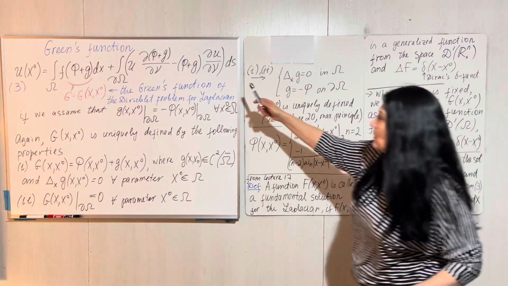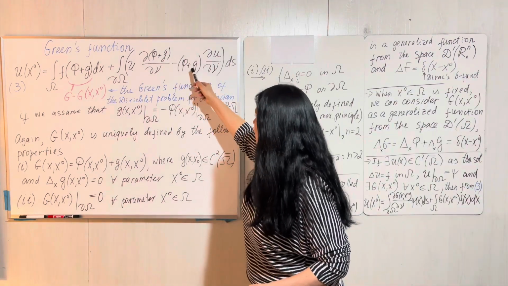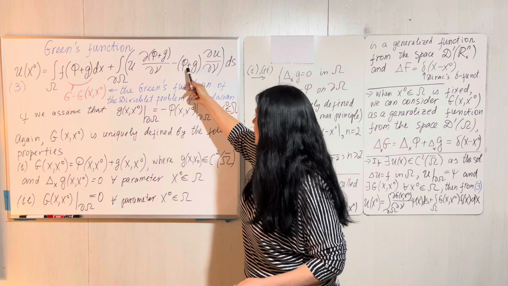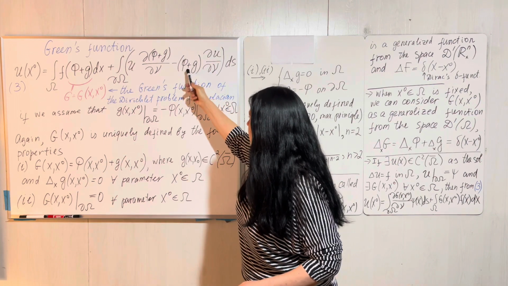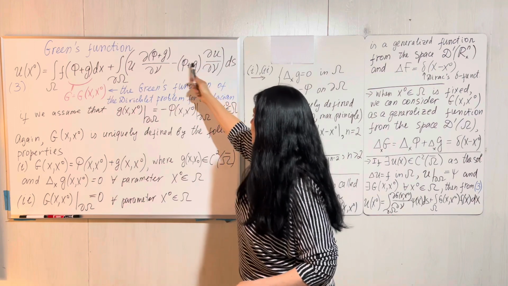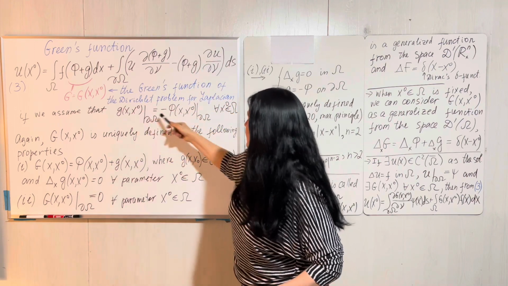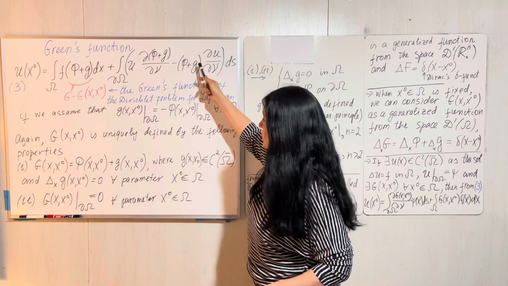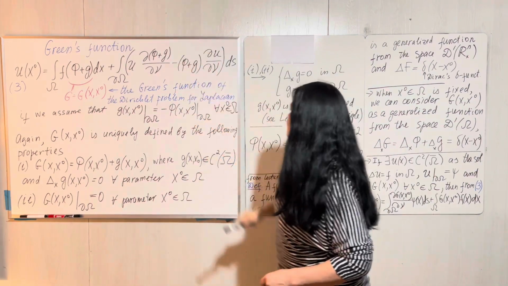Since now we know that on the boundary, φ and g are the same up to the sign, but they have different signs, this term just goes to 0.